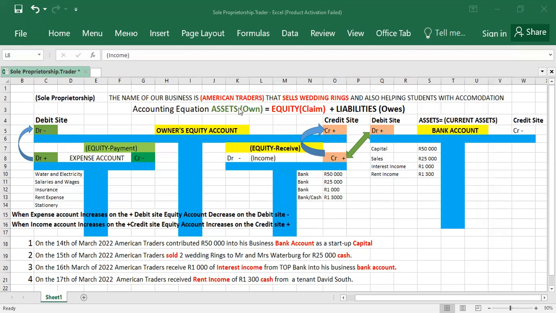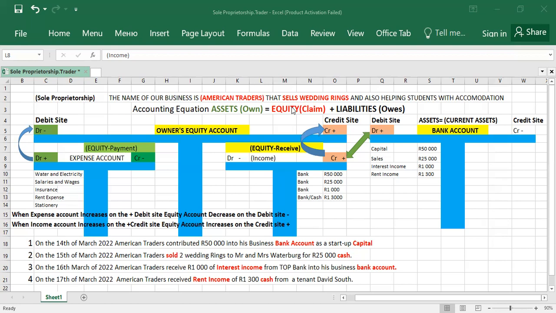By utilizing the assets that the business has, such as land and building, vehicles, and equipment within the business. Those are examples of assets within the business. So we can utilize those assets in order to generate income within our business.